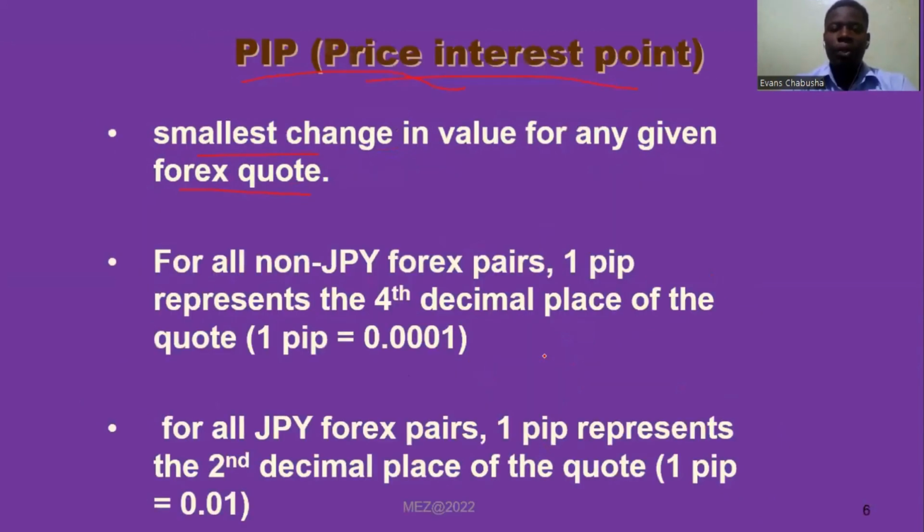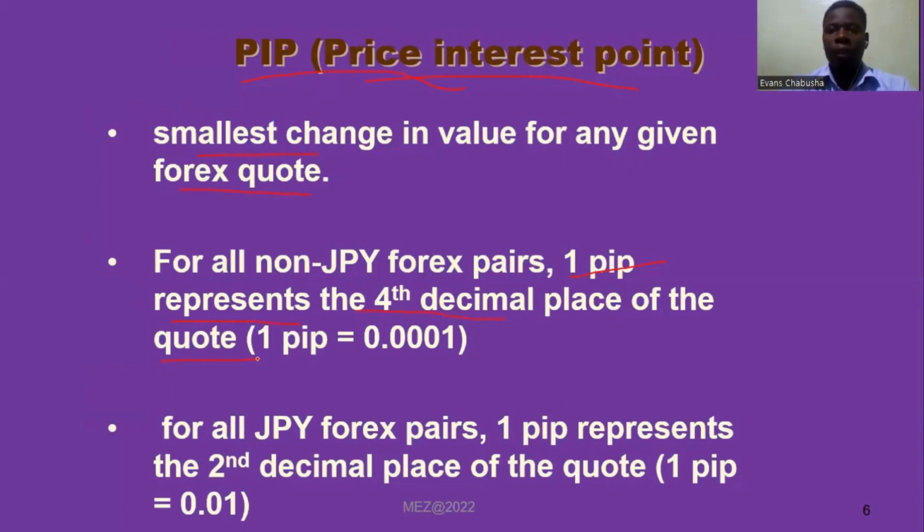So the smallest change in value for any given Forex quote is what we call a pip. For all non-JPY pairs, 1 pip represents the 4th decimal place of the quote.